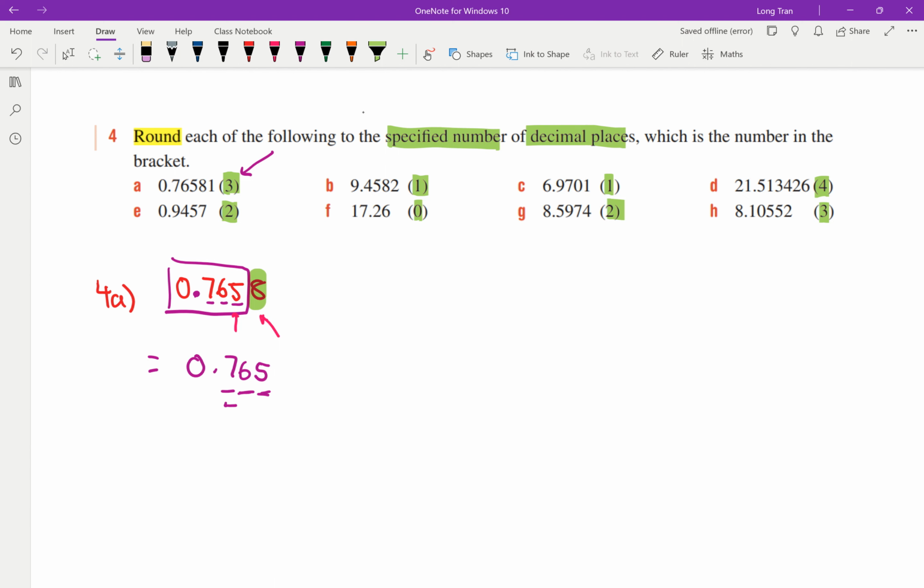So here, I'm only interested in, sorry, I just rubbed off that one. But we're only interested in this first 3 digits because it says 3 decimal places. But you look at this number here. If that's more than halfway to getting to 766, then we round it to 766.